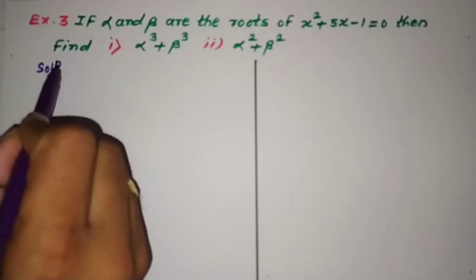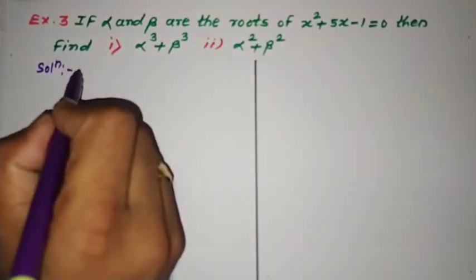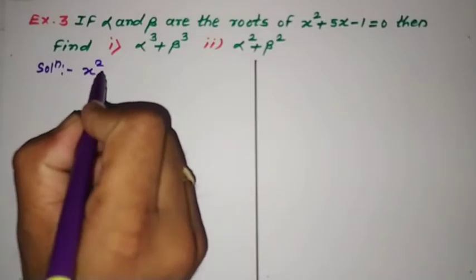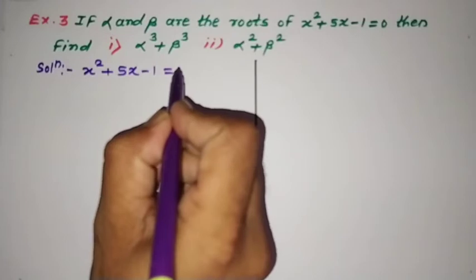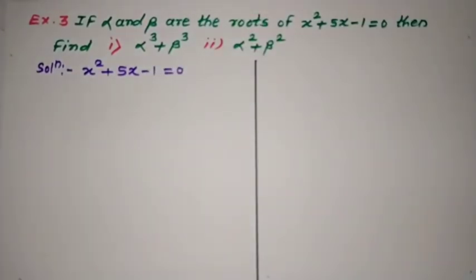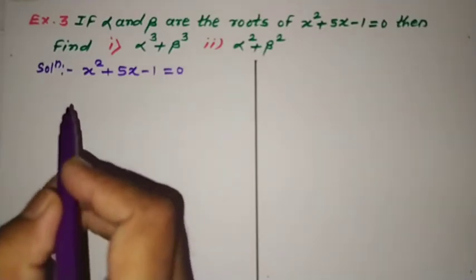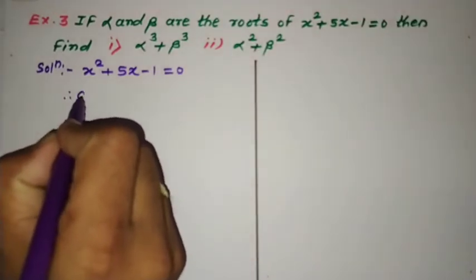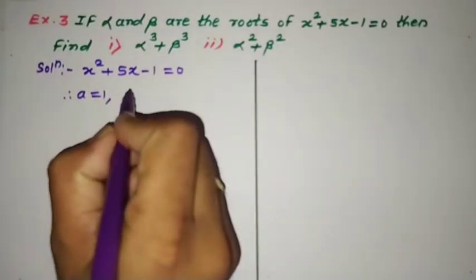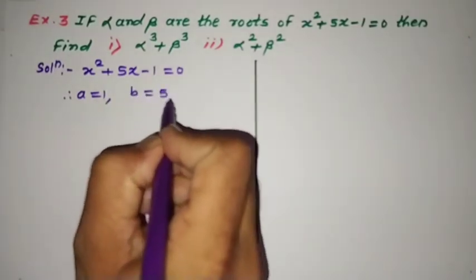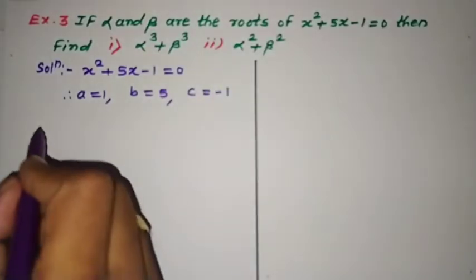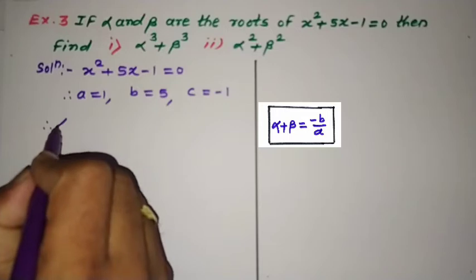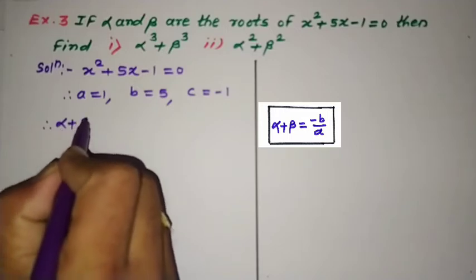First, compare the equation x square plus 5x minus 1 is equal to 0 with ax square plus bx plus c is equal to 0. Therefore, the value of a is 1, the value of b is 5 and the value of c is minus 1.